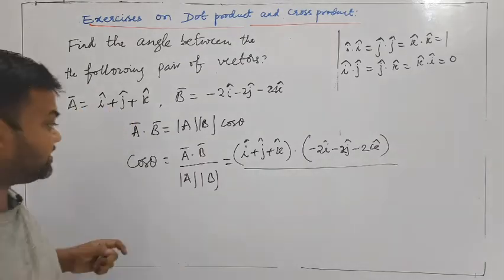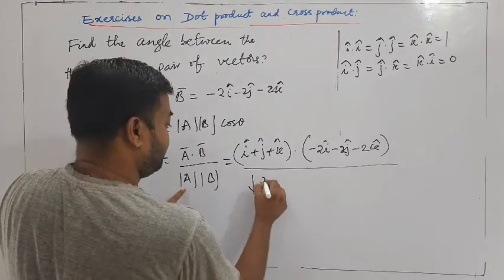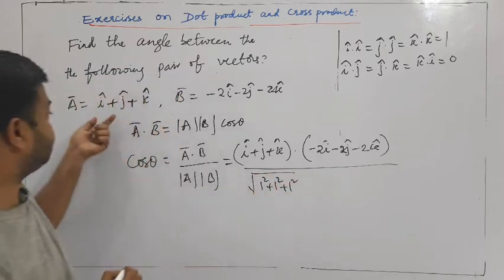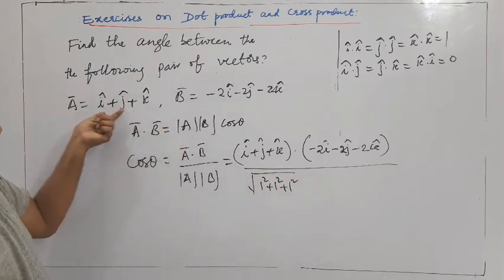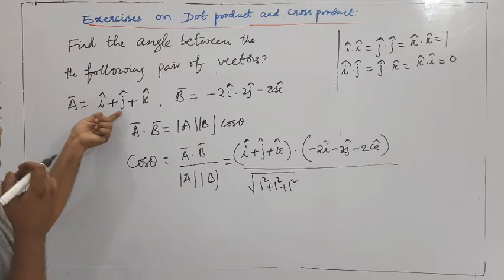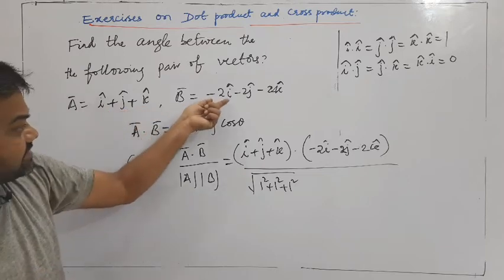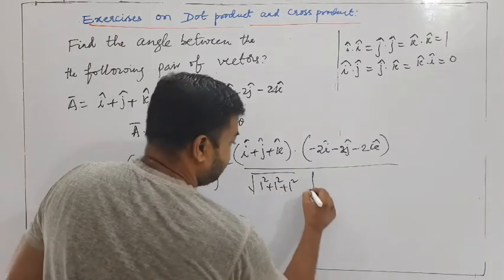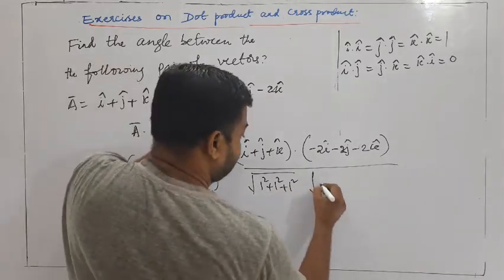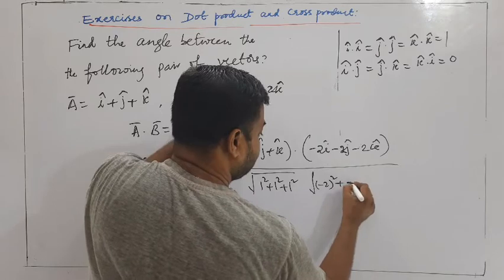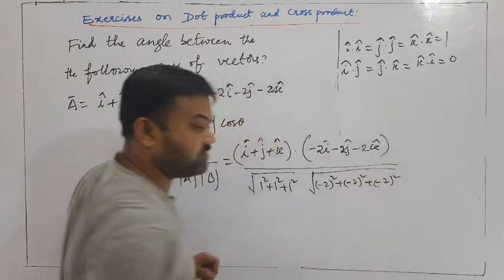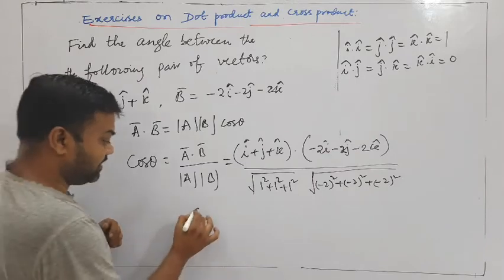What is the formula for modulus of a bar? Root of ax square plus ay square plus az square. In the same way, for b, root of bx square plus by square plus bz square, that is root of minus 2 square plus minus 2 square plus minus 2 square. Like this we have to find out. Then what is the value of cos theta?